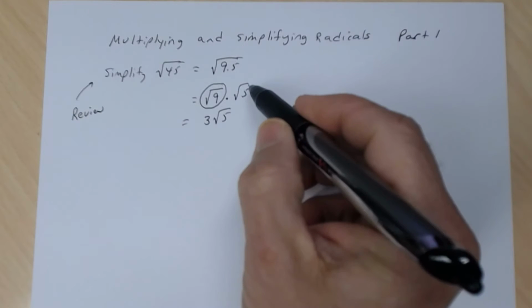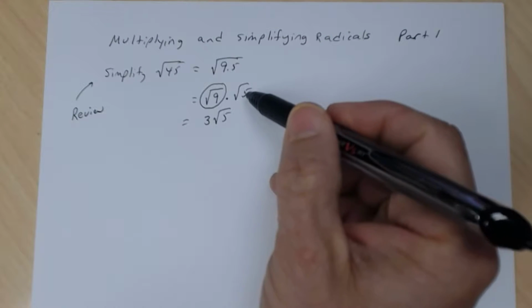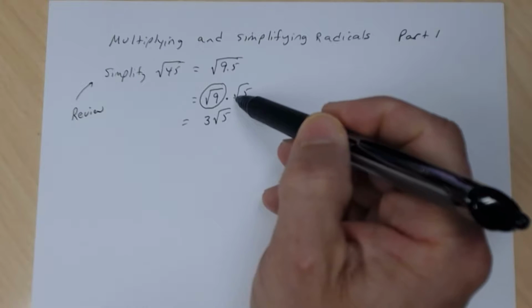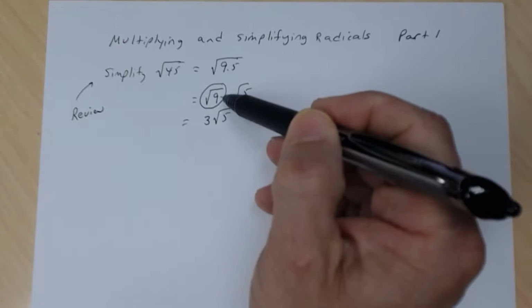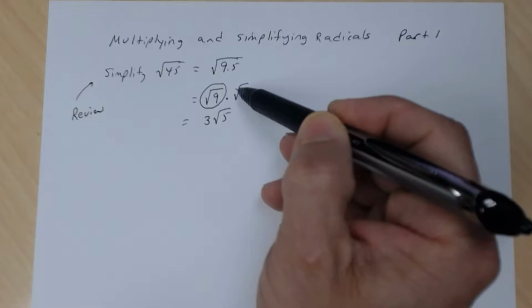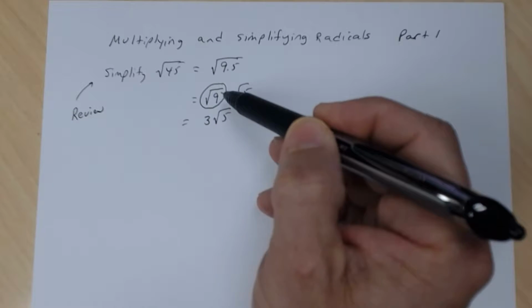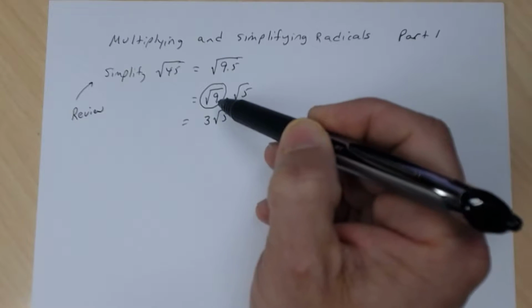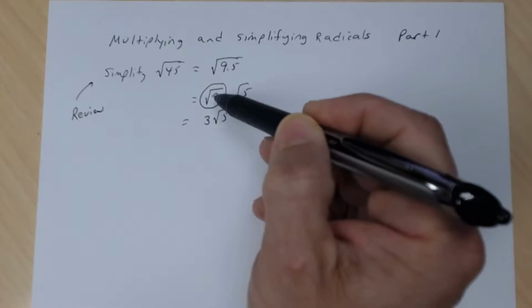Now, what I want you to understand here before we go into our new lesson is that you see how I'm multiplying two square roots? Now remember, the index is 2 here. The index is 2 here. Since the indices are the same, I can multiply the radicands. Remember, these are called radicands.